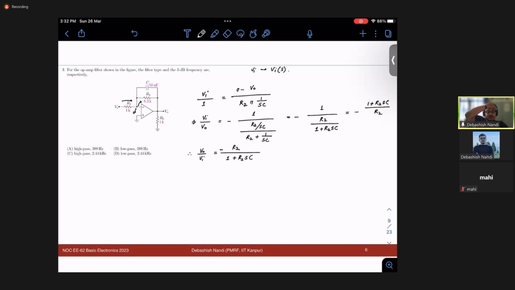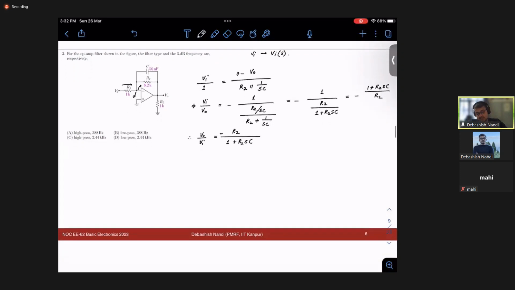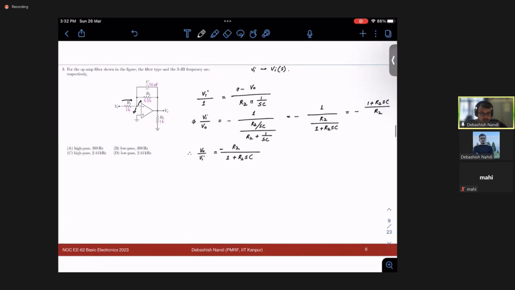This much you have found out. Now you are asked to find out the type of the filter. How do you do that? You can write it like this. This is the filter transfer function. H of j omega is nothing but minus R2 by 1 plus j omega C R2. So what is the mod of H of j omega?